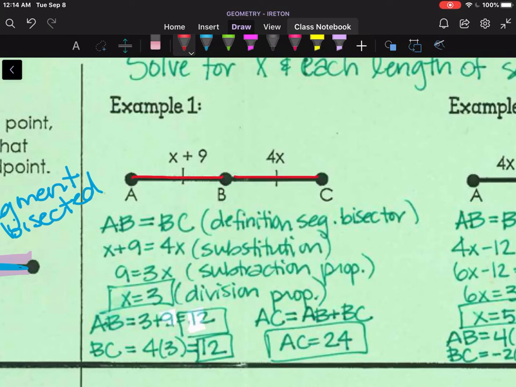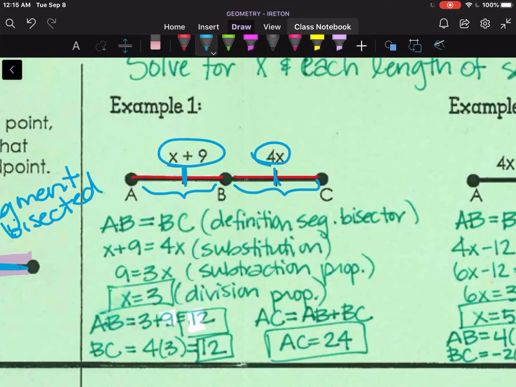They both have tick marks on them, so that's saying they're equal length pieces. Right now, x plus 9 represents the length of AB, and 4x represents BC. Well, algebraically, that means we can set up an algebra problem and solve. And that's exactly what we're going to do.